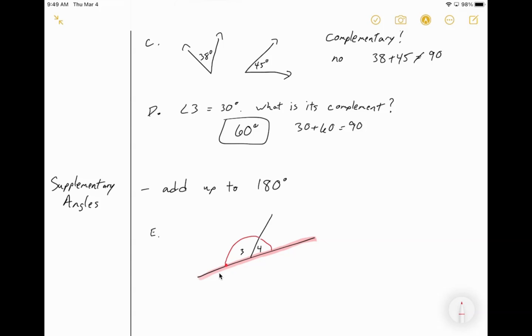So angle 3 and angle 4 are supplementary, because angle 3 plus angle 4 is equal to 180 degrees, right? They make a straight line together.